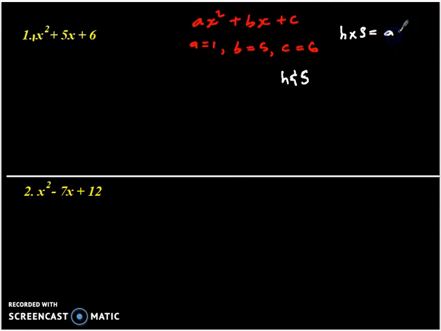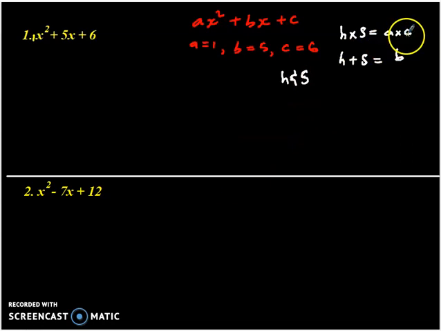And whenever we add h plus s, it should give us b. So we're gonna go on a little exploration now as to how we're gonna find those numbers.